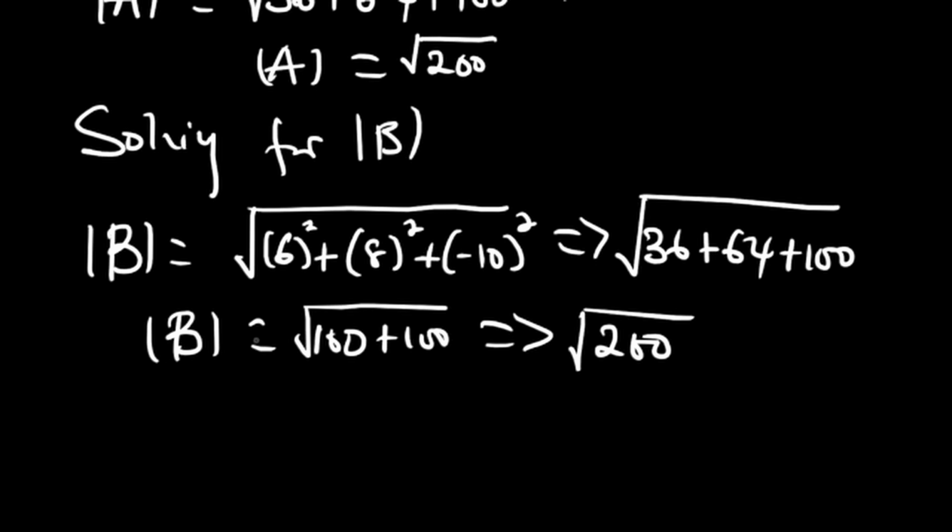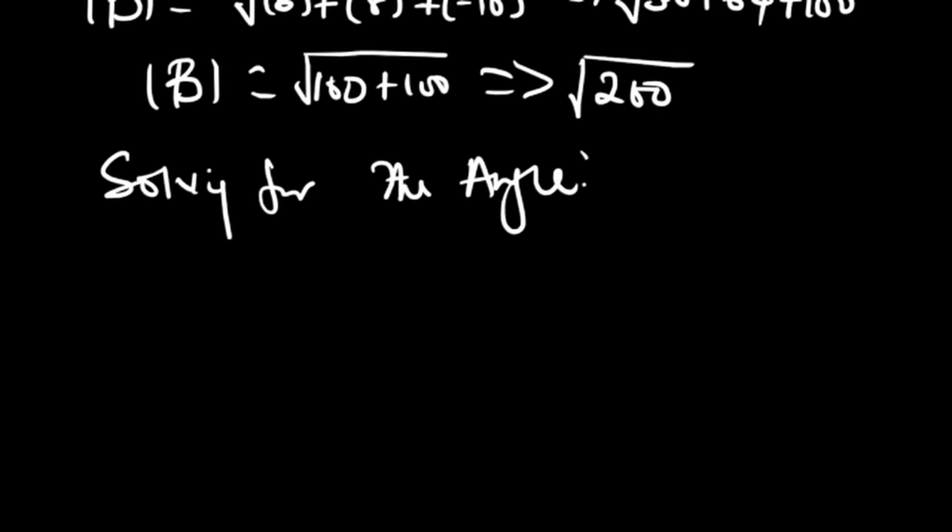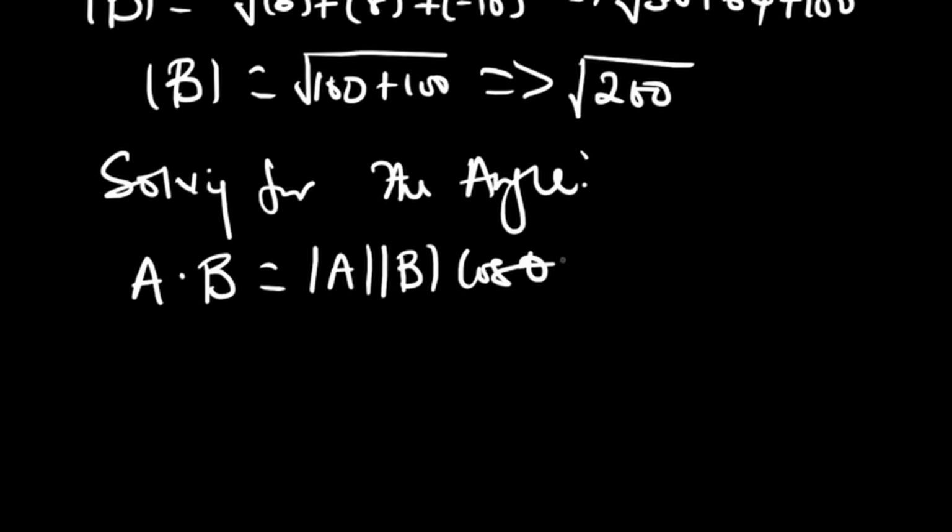Now we found what we're looking for. We found the dot product of A and B. We found the magnitude of A. We found the magnitude of B. So let's now apply the formula and see what we should obtain. So, solving for the angle, we use the formula A dot B is equal to the magnitude of A multiplied by the magnitude of B, then cos theta.